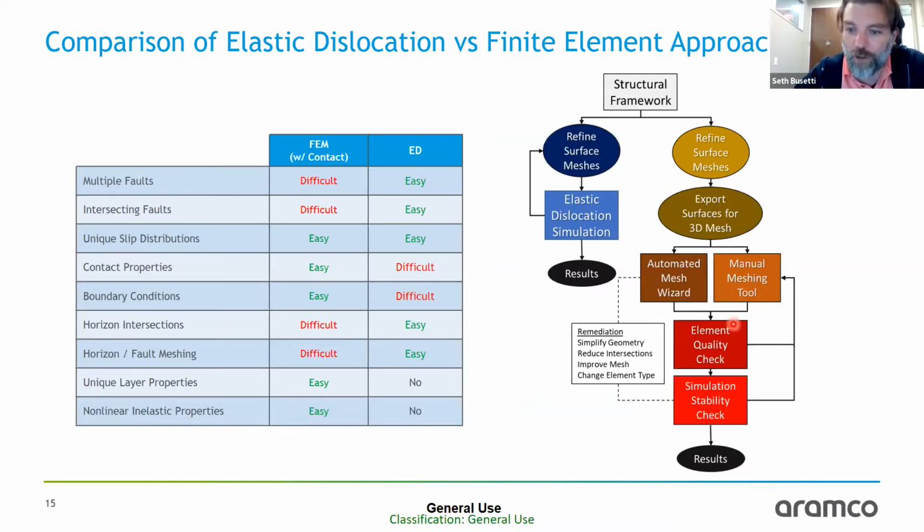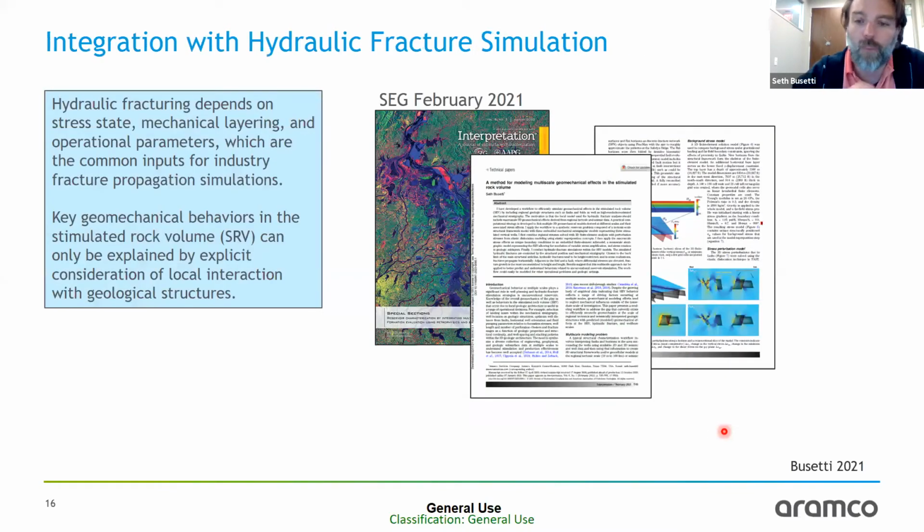In either case, you're going to have to do element quality checks and simulation stability checks, and then go back and rerun these things to get a stable answer, and also a good, meaningful and accurate answer. So finite element is a lot more complicated, but you do get better physics and more advanced physics. So with that, I want to jump to another case study where I do a hybrid simulation.